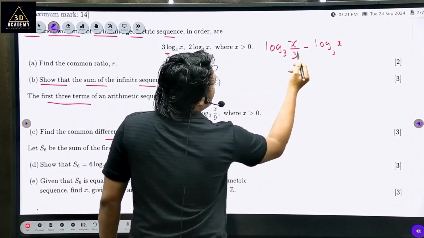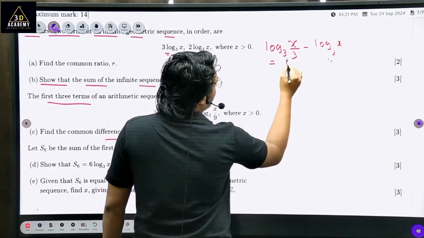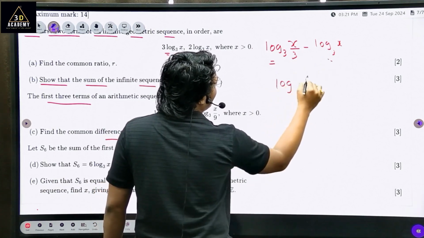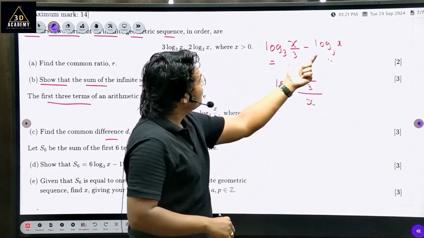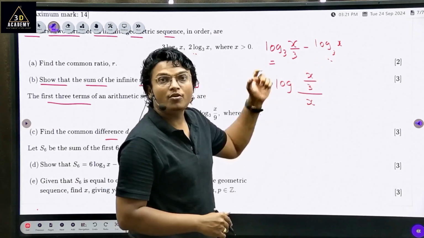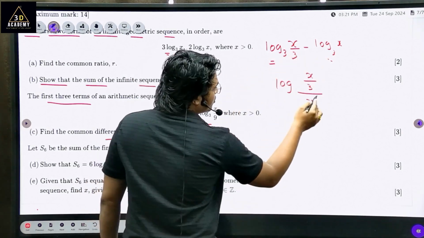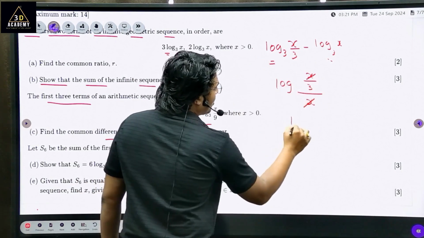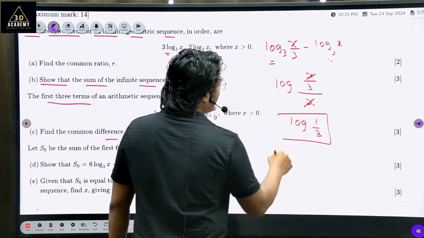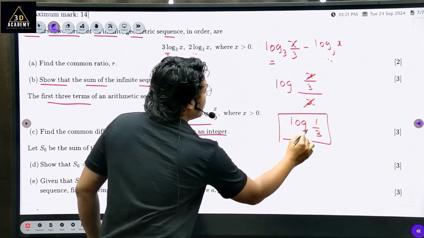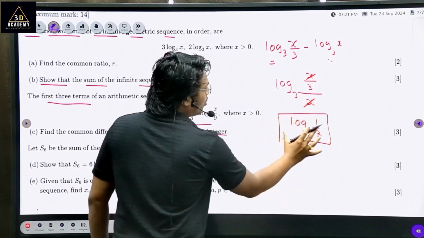Okay, so the base is the same. It means I can divide the numbers. This is the property of log again. If there is a subtraction and the coefficient is 1, you can divide the numbers. So this x will be cancelled. Your answer will be log 1 upon 3, with log base 3 given.